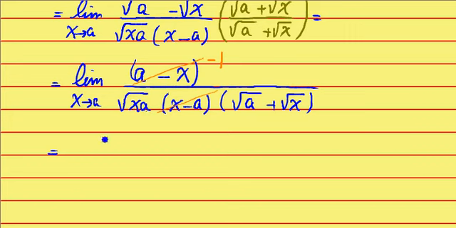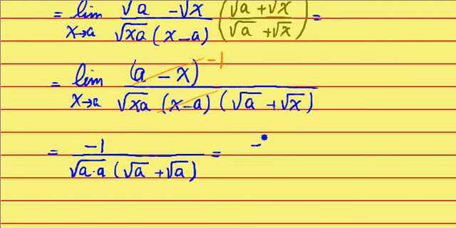Remember, to begin with, a was positive, so I can write it's minus 1 divided by, this simplifies, maybe I write it the first stage, this is a times a, and here let me also write it out, and then I simplify the next step. Well, the square root of a squared for positive a is just a. This is 2 radical a.